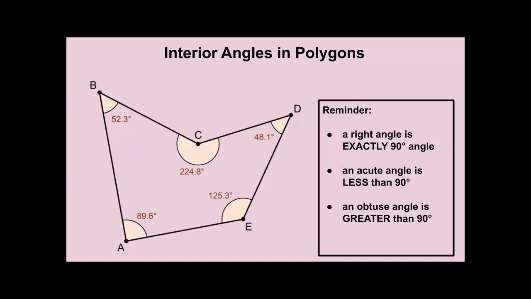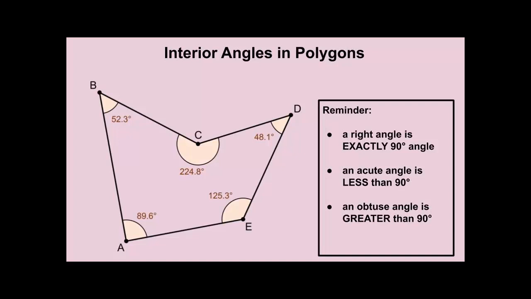Let's continue to the right, and we see letter D at the vertex of those 2 line segments. Again, it's less than 90 degrees, so it is an acute angle. And moving down to the final angle of this polygon, we see the letter E at the vertex of those 2 line segments.